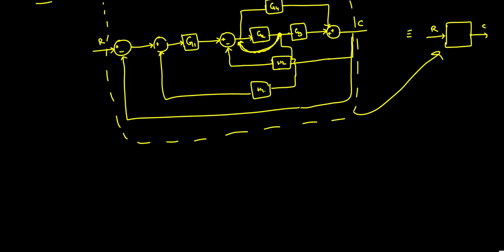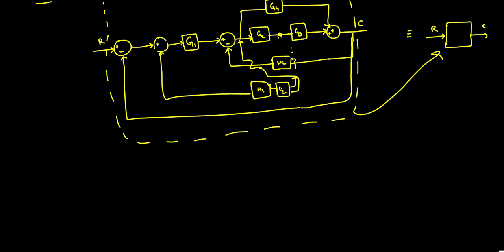This one I am transferring to here, and when I am transferring this here, this particular one is coming here, and the effect of that is coming into picture. Okay, so when I am transferring this to this particular point, the G2 effect was there earlier, now it is not coming, so I am multiplying the effect of G2.